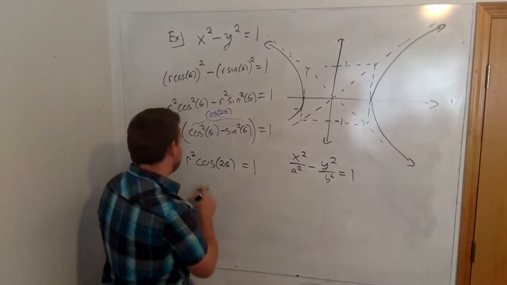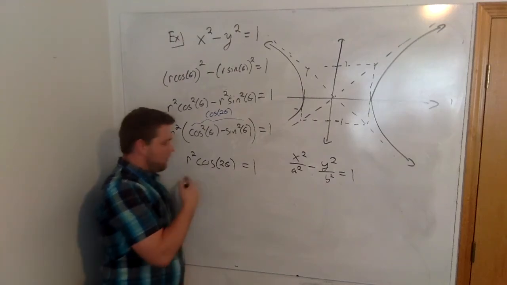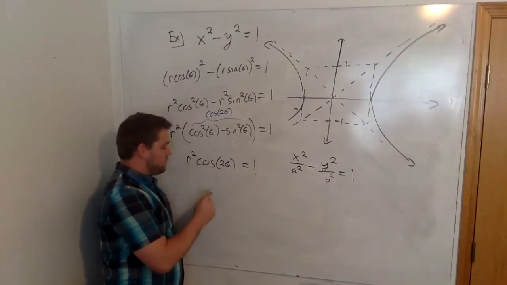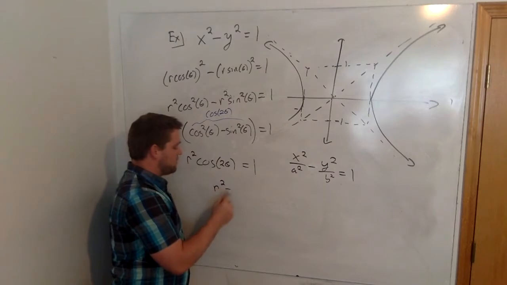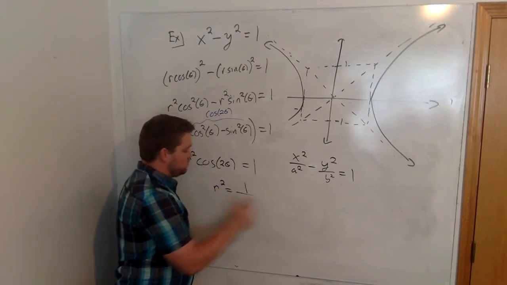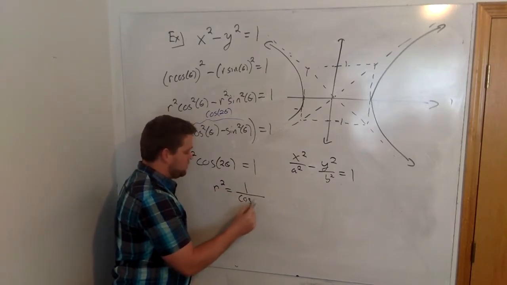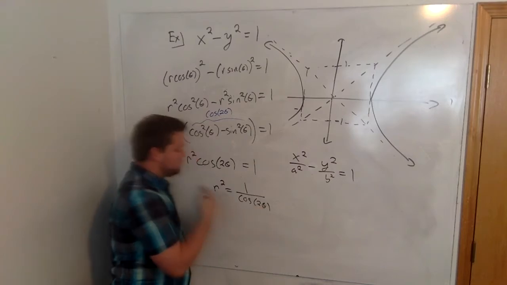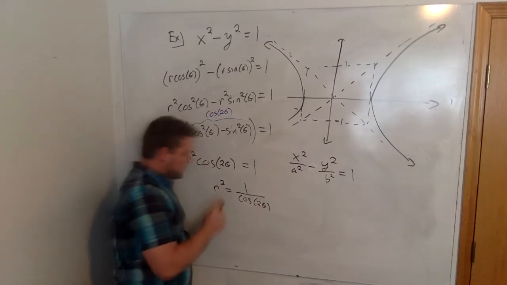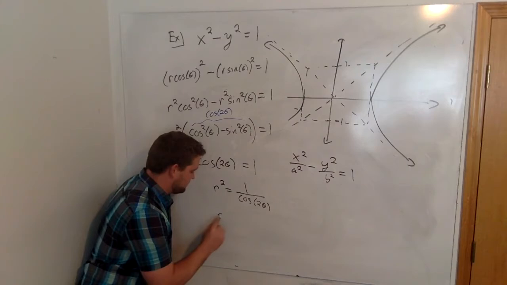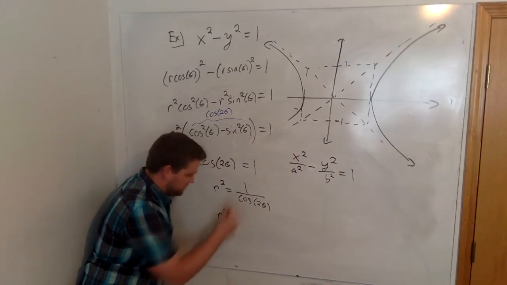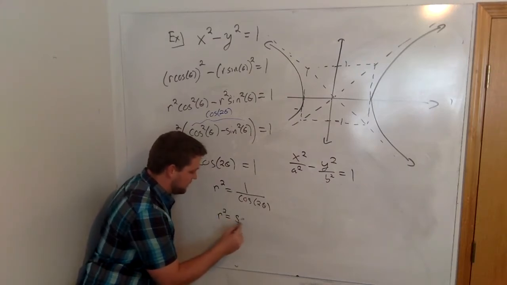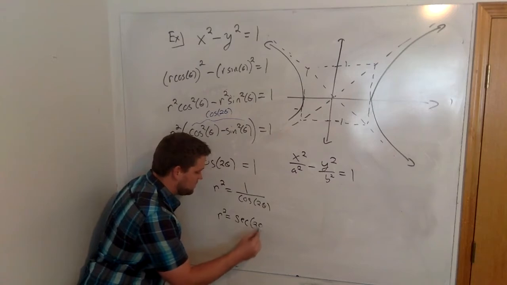Okay, so if you want, we could solve for r. I'm just going to leave it in terms of r squared. So we could say that this is r squared equal to 1 over the cosine of 2 theta. I'm just dividing both sides by cosine of 2 theta. This is the same thing as the secant of 2 theta.